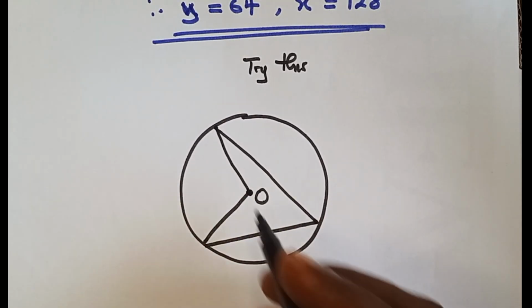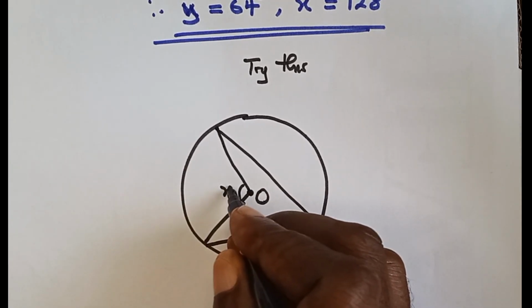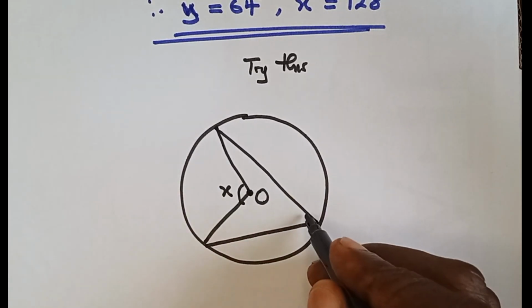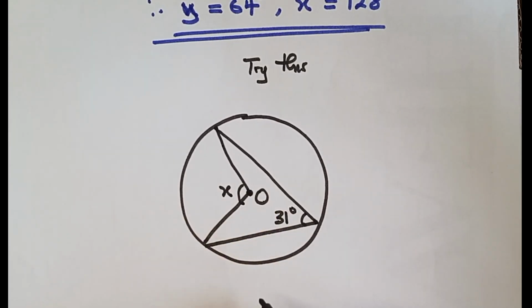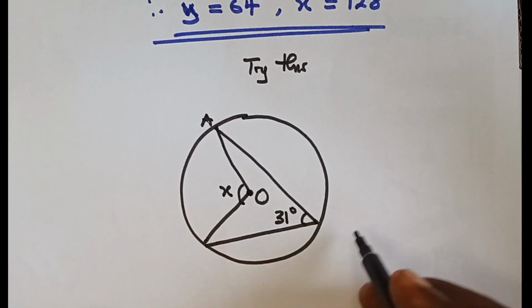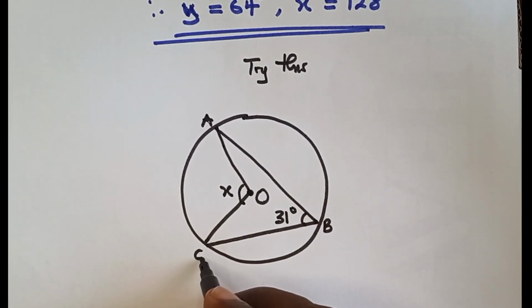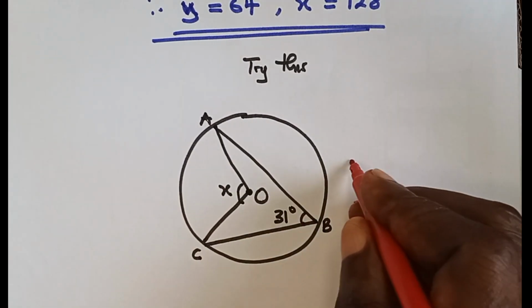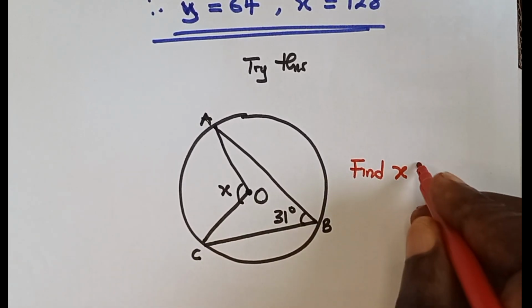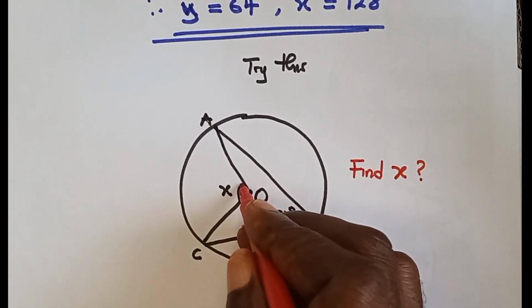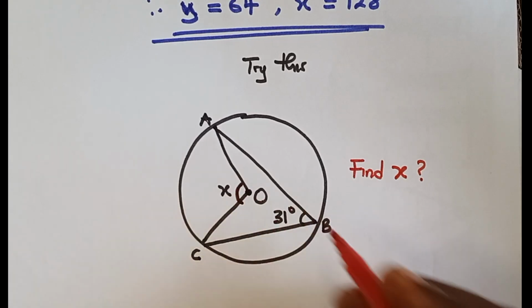I will say O. This place is X, and this place is 31 degrees. We have A, B, C. Now the question says find angle X. We want to find X, which is this place. This is the angle we have to find.